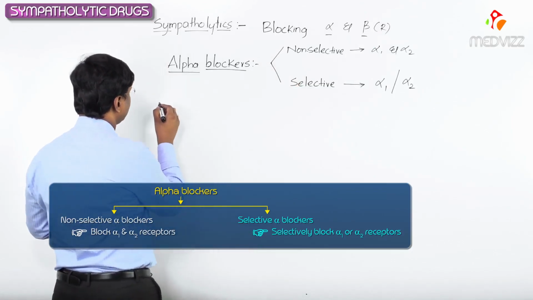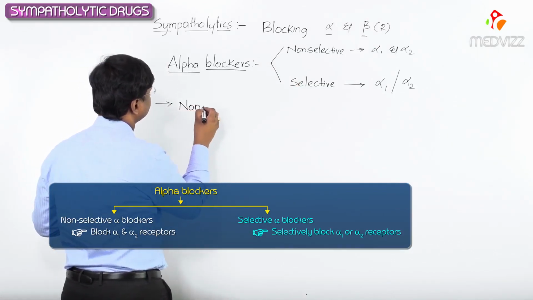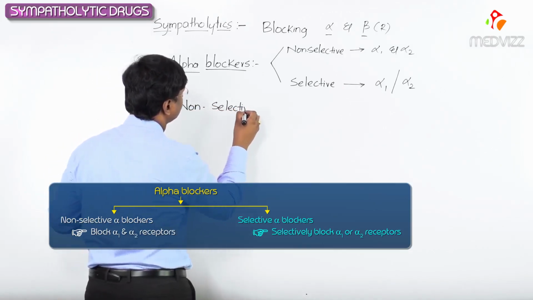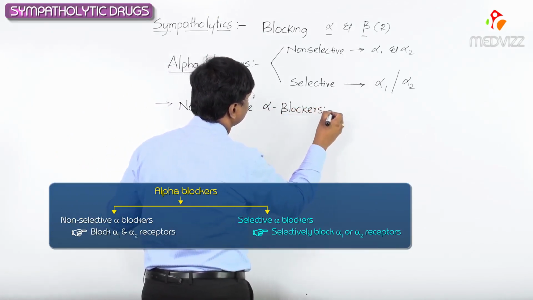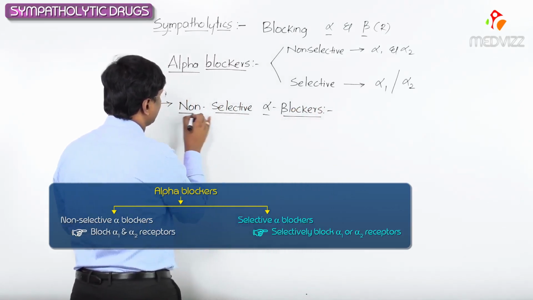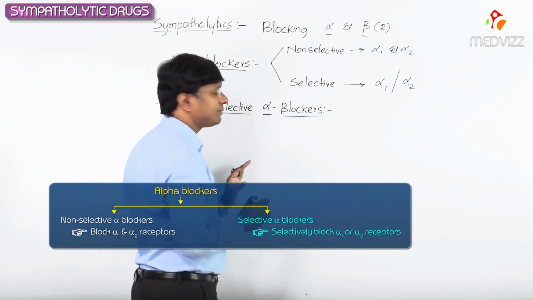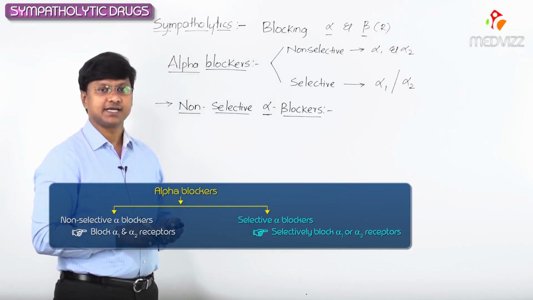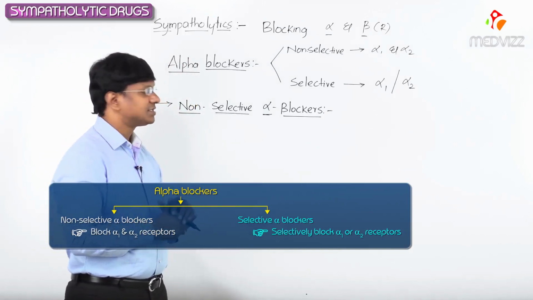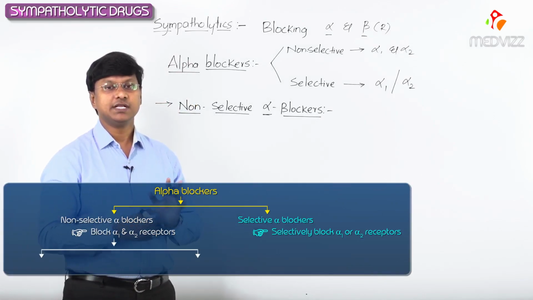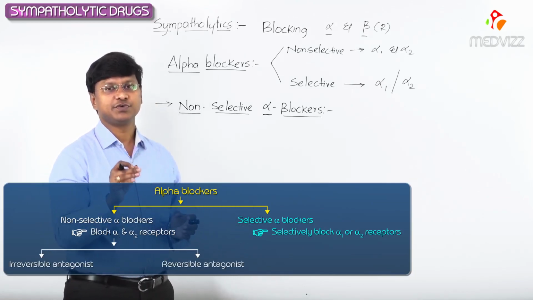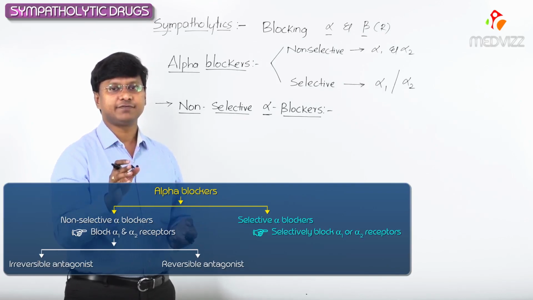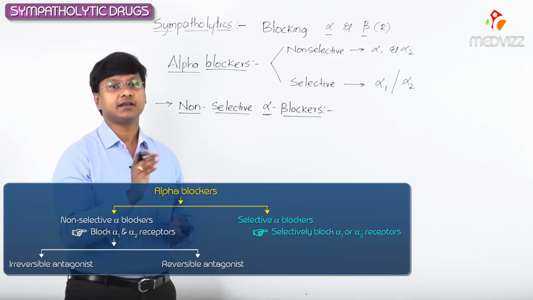So first we have the non-selective alpha blockers, which can block both alpha 1 receptors and alpha 2 receptors. Again we classify them into irreversible antagonists and reversible antagonists, in the sense those drugs which block the alpha receptors irreversibly are irreversible antagonists, and those which block them reversibly are reversible blockers.